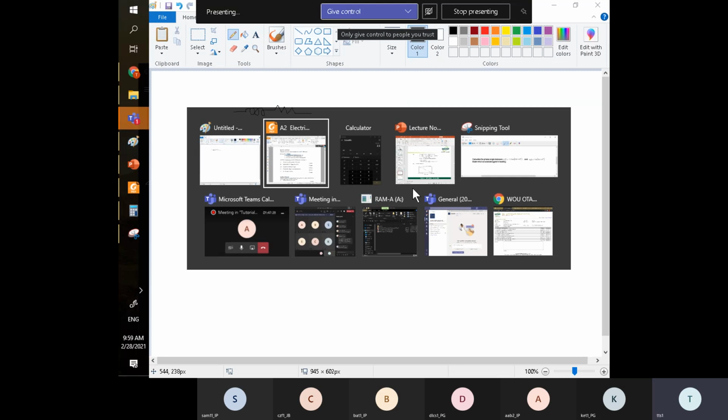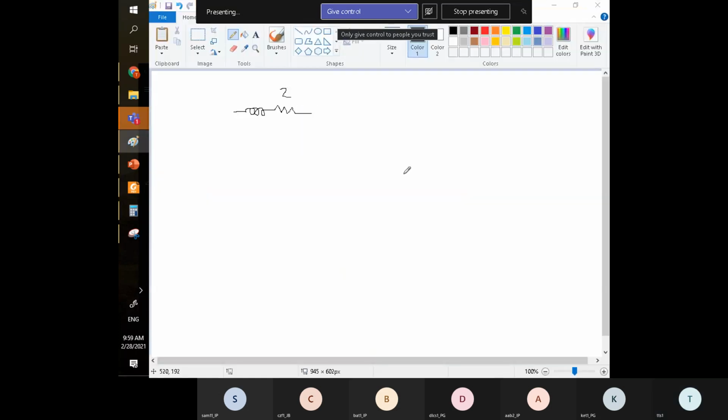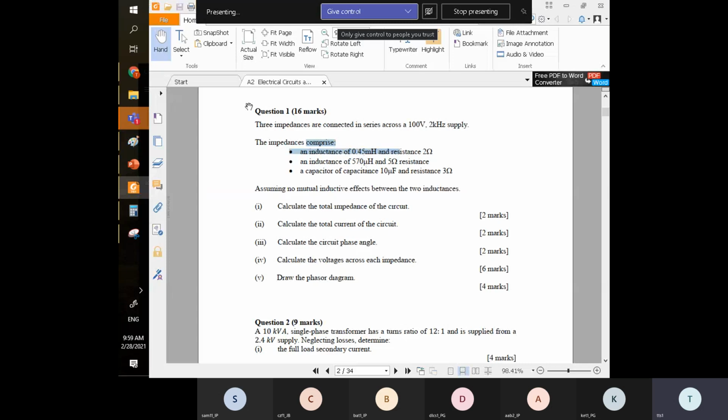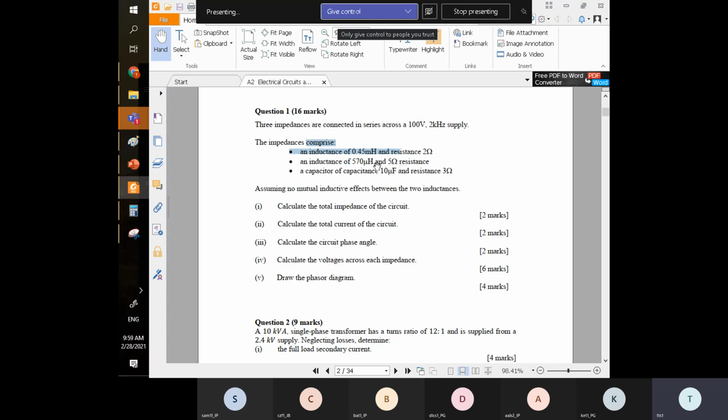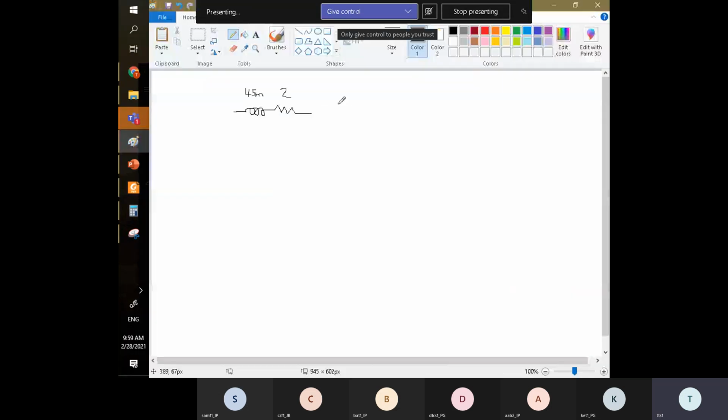For the first one it is 2 ohm and 0.45 millihenry. Another one is the same thing, 570 microhenry in series, and 5 ohm.